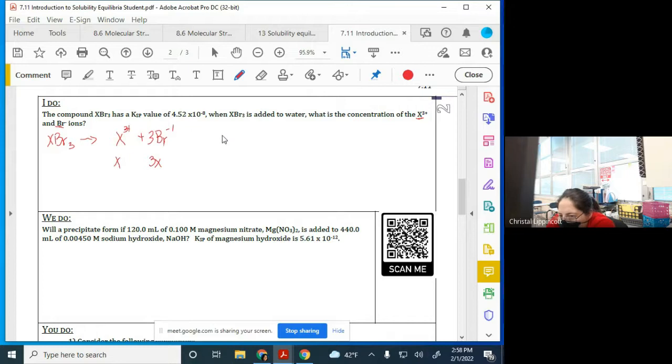So then when I want to calculate this, it's going to be 4.52 times 10 to the minus 8 equals x times (3x) cubed. So that's 27x to the 4th equals 4.52 times 10 to the minus 8. And when you're calculating that out, you've got to divide both sides by 27 and then take the 4th root of that value.